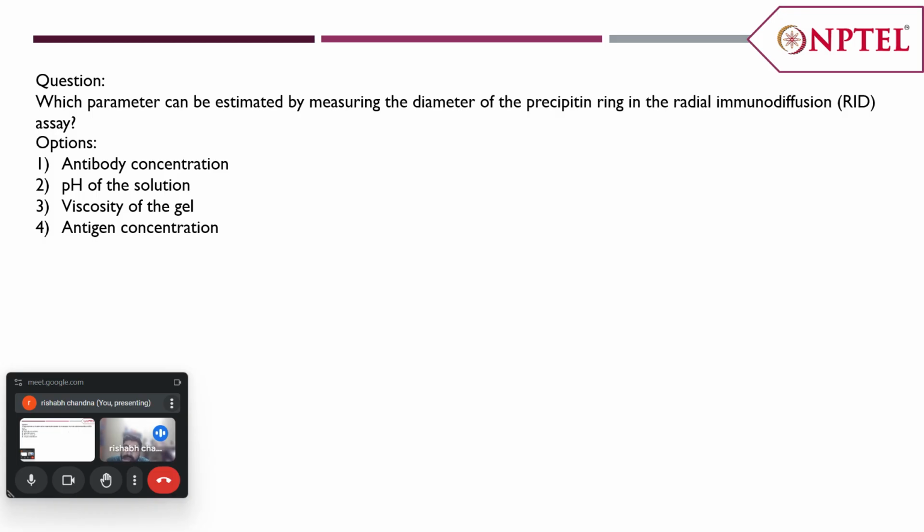Which parameter can be estimated by measuring the diameter of the precipitin ring in the radial immunodiffusion method? What can be the correct answer?